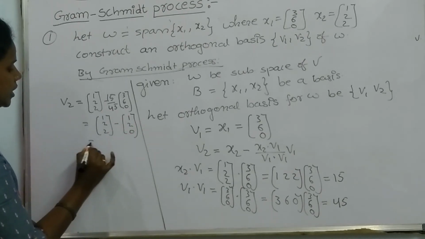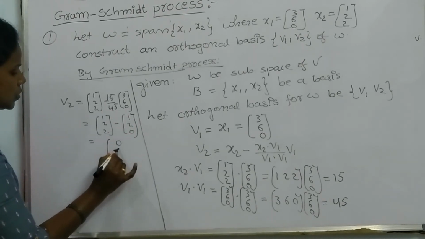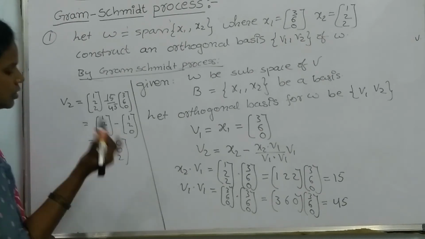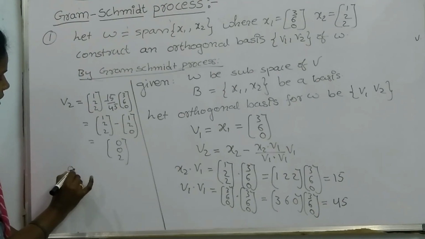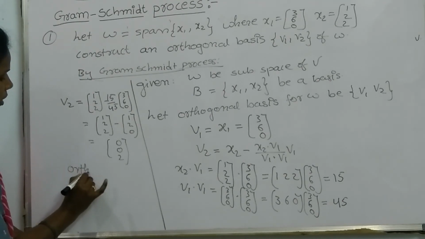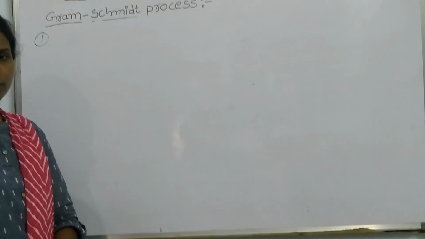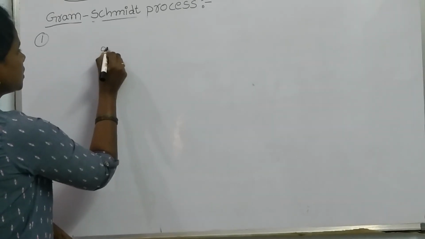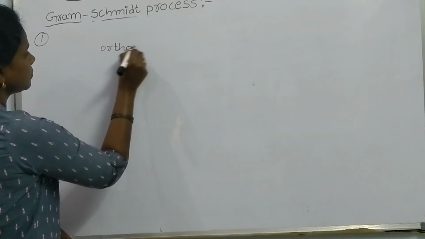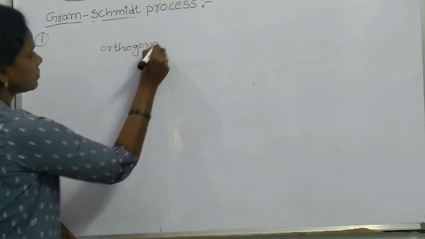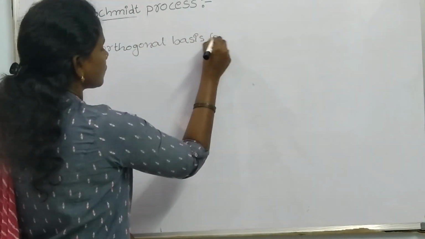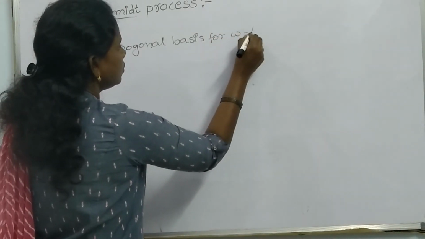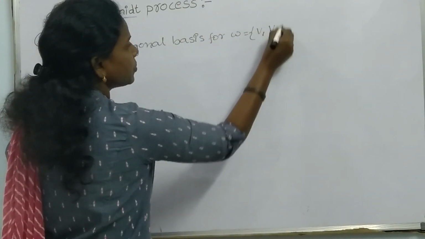So finally it is (0, 0, 2). We got V2. Now what is our orthogonal basis? The orthogonal basis for W is V1, V2.